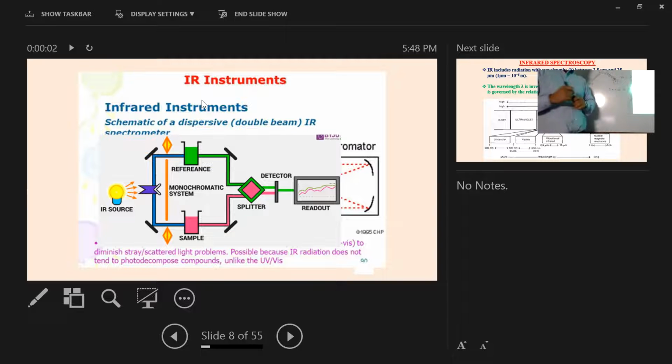This is one mode of vibration. Another, symmetric stretching, will be around 3600 per centimeter, and anti-symmetric stretching would be around 3750 per centimeter, like this.